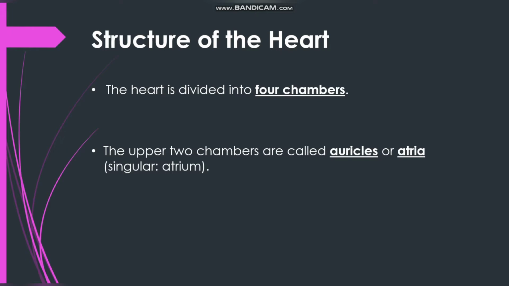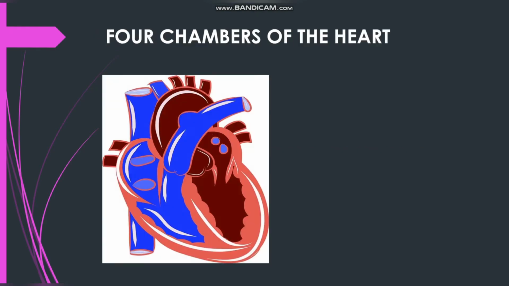For example, right atrium, left atrium. The lower 2 chambers are called ventricles. So the upper 2 chambers are auricles and the lower 2 chambers are ventricles.